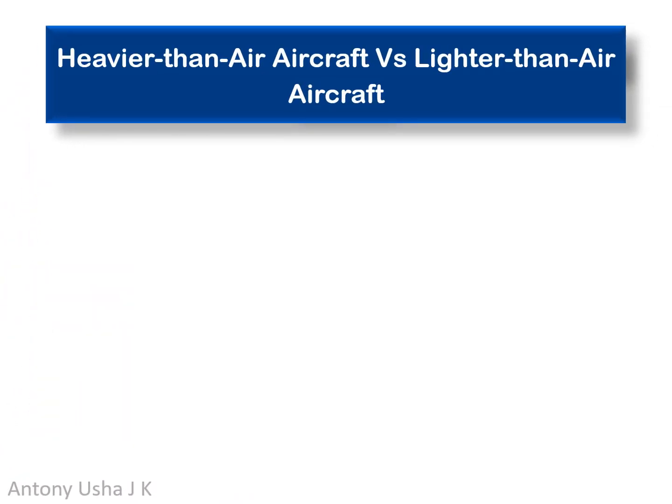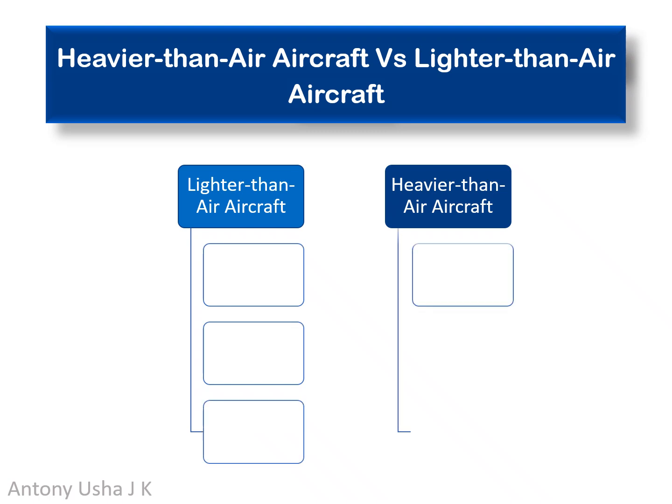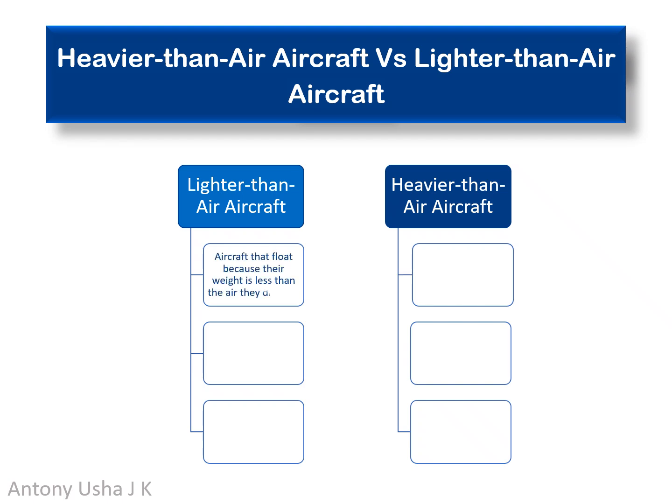Heavier than air versus lighter than air aircraft. These are the common bases on which aircraft types are classified. Lighter than air aircraft, also known as aerostats, achieve lift through buoyancy, meaning they are less dense than air, which allows the aircraft to float; their weight is less than the air they displace.